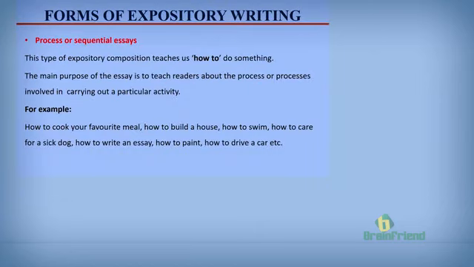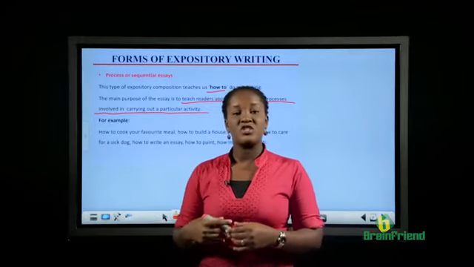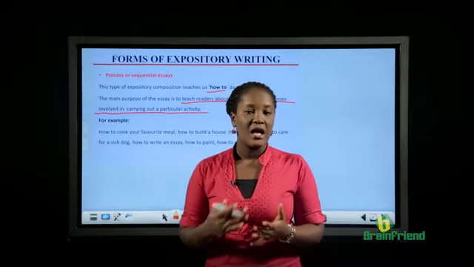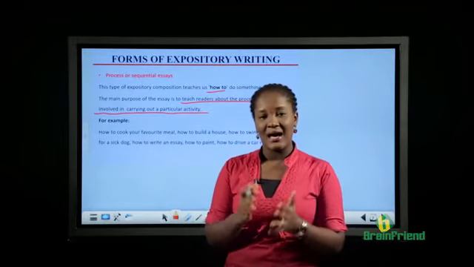Process and sequential essays. What is this about? This type of expository composition teaches us how to do something. The main purpose of this essay is to teach readers about the process or processes involved in carrying out a particular activity.